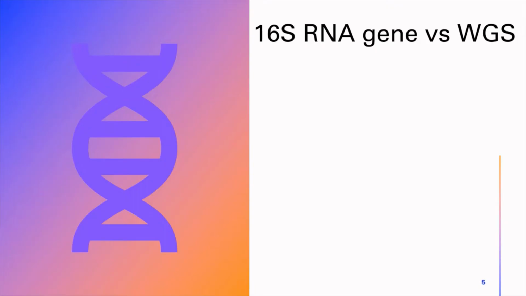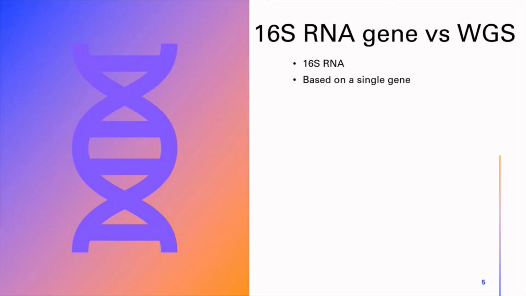So right here at this stage, I want to point out that sometimes we construct phylogenetic trees using 16S RNA gene sequences. 16S RNA gene is highly conserved among organisms. But 16S gene is just a single gene.